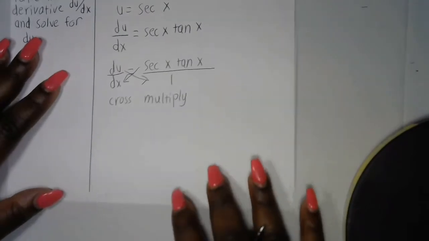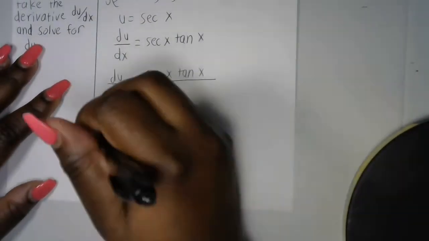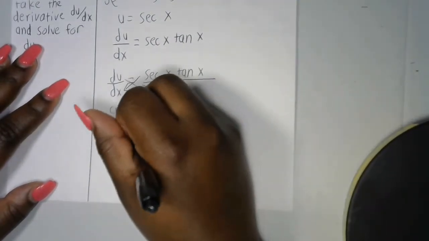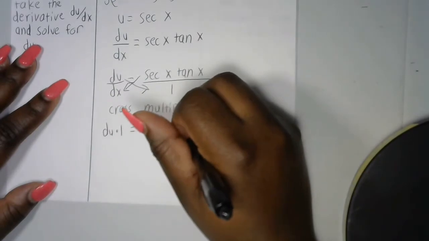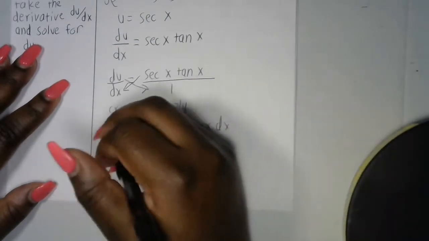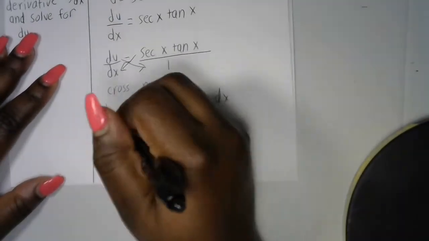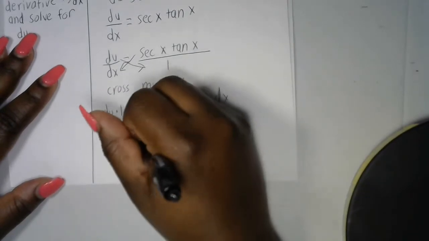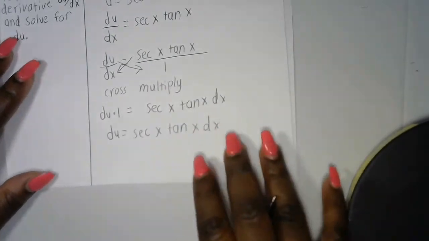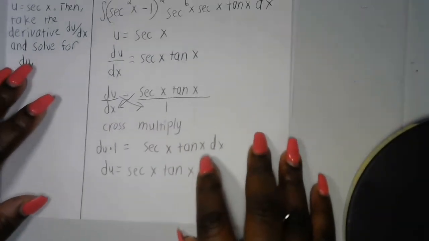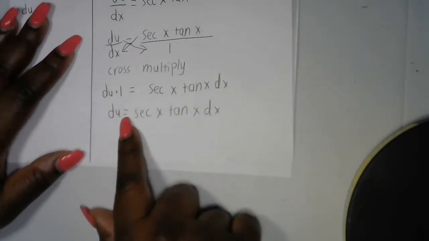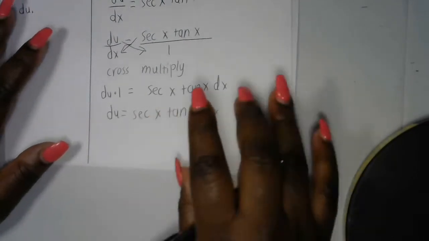You would get du times 1 is equal to secant x times tan x dx. Anything times 1 is itself, so du equals secant x tan x dx. So we solved for du. From this step, we established that u is equal to secant x, and du is equal to secant x tan x dx. That's really important.